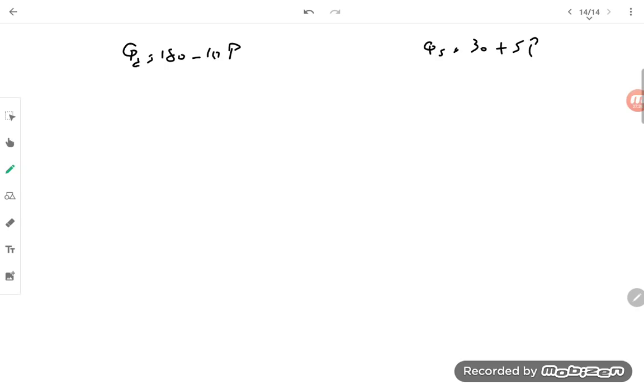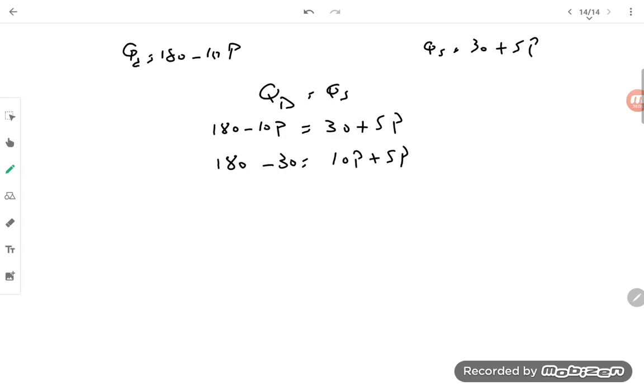As we said, equilibrium will be achieved at the point of intersection of demand and supply, or at the point when QD equals QS. Then we have to substitute using 180 minus 10p instead of QD and 30 plus 5p instead of QS. So it's 180 minus 30 equals 10p plus 5p. It's 150 equals 15p. So p equals 10.